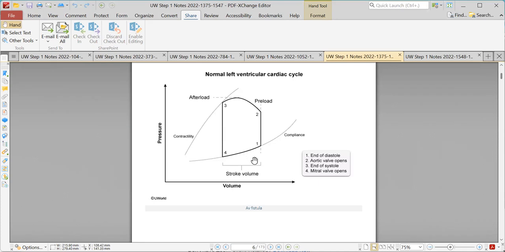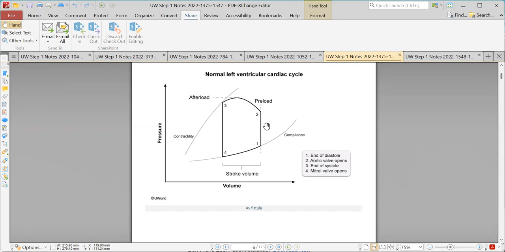We see that in aortic stenosis, and also when you're clamping the aorta, at that time the stenosis of the aorta is also there. In those areas, you will see this type of graph. This is because of the increase in the afterload. So whenever there is an increase in the afterload, preload decreases, stroke volume decreases, end diastolic volume decreases, and end systolic volume increases.